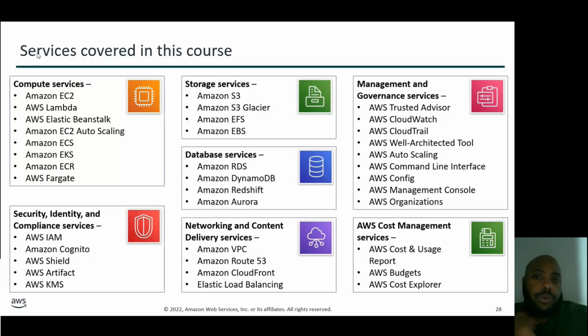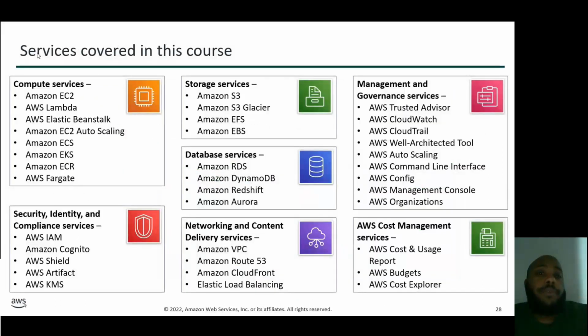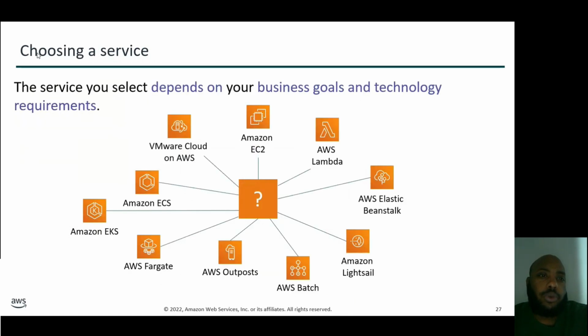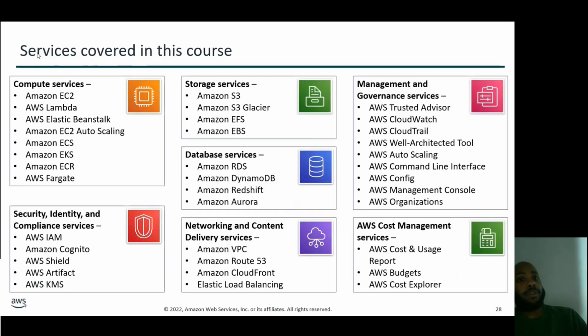Like we saw earlier, we saw the different categories of those services. Here are a few services under each category. We're not going to go into each category. We're not going to go into blockchain, business applications, analytics, IoT, but we're going to go into a few of those categories, and under each category, we're going to look at a few services.